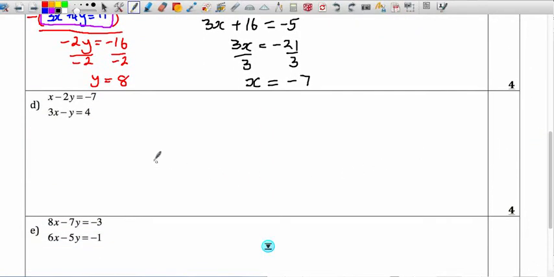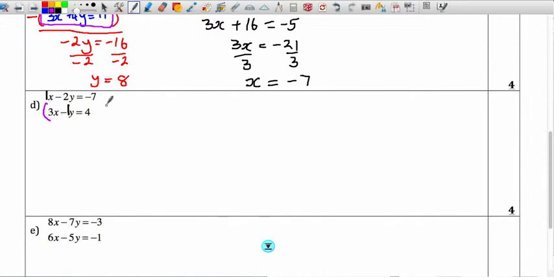Okay, and now things get slightly more complicated. We cannot go directly to adding and subtracting. As you can see, the x coefficients are 1 and 3, the y coefficients minus 2 and minus 1. None of those have the same coefficients, so what we're going to have to do in this case is multiply first. There are several different choices.